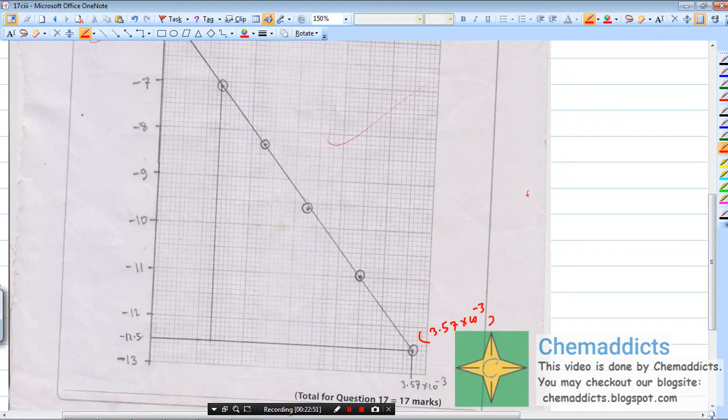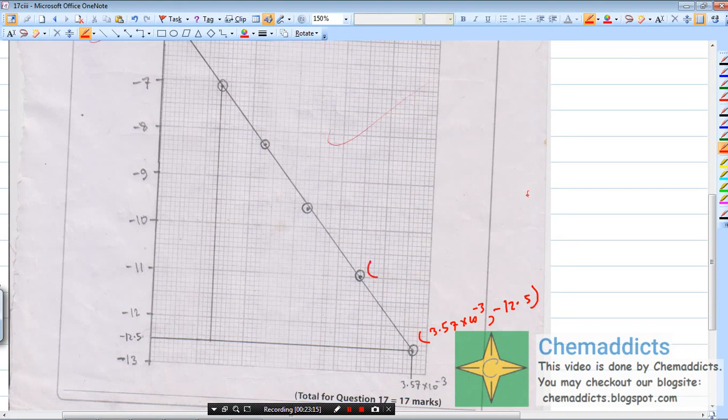So we have found the x-axis value. Now let us find the y-axis value. On the y-axis it says 12.5. Here this is minus 12 and this is minus 13, so in the middle this should be minus 12.5. So this is how we calculate minus 12.5. So we have found one point.